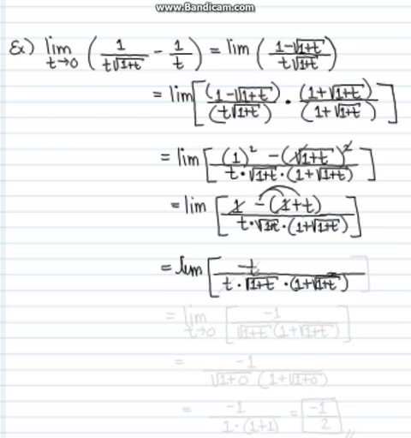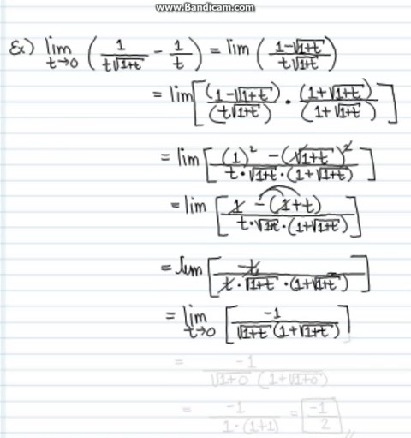Well, we have a factor of t on the top, and we have a factor of t that multiplies as a factor of the denominator. Those two are going to cancel, leaving ones behind. So that leaves the limit, and remember this is as t approaches 0, of negative 1 over the square root of 1 plus t times 1 plus the square root of 1 plus t.